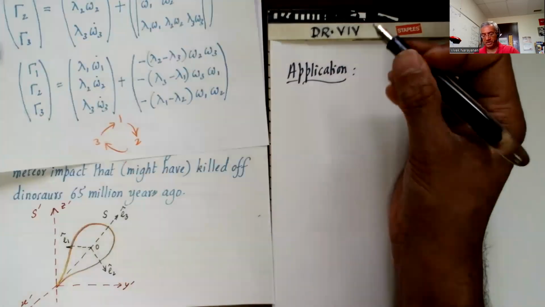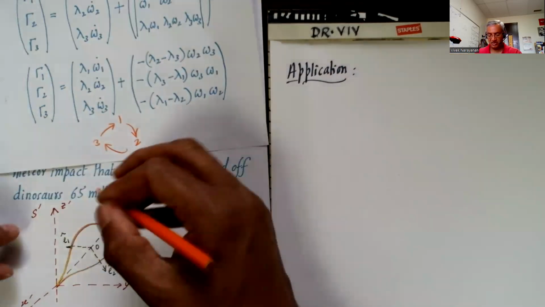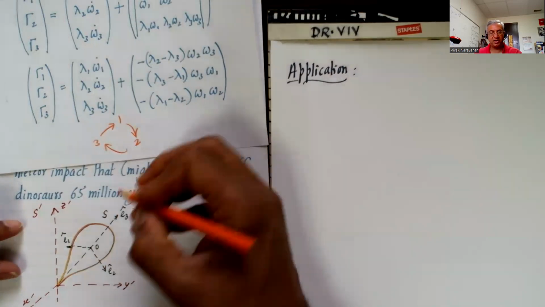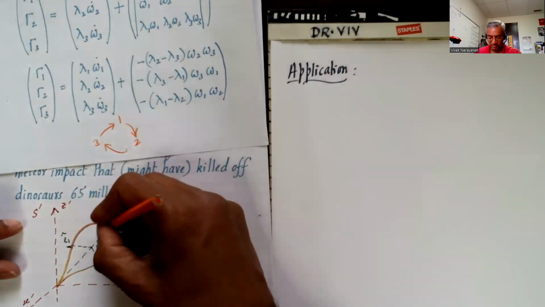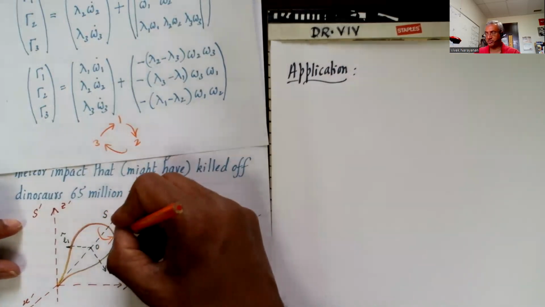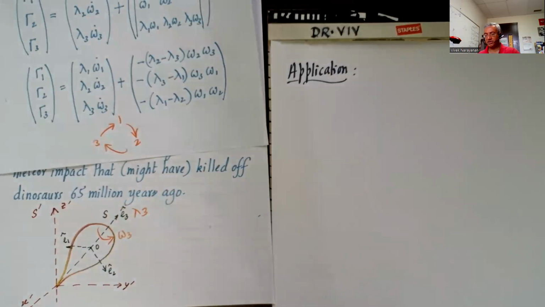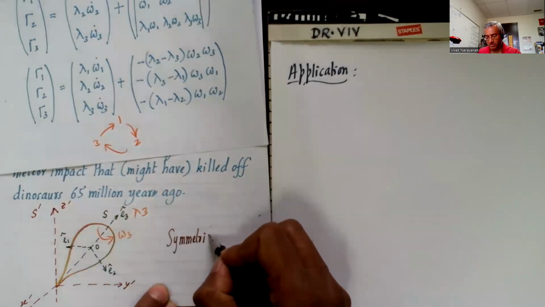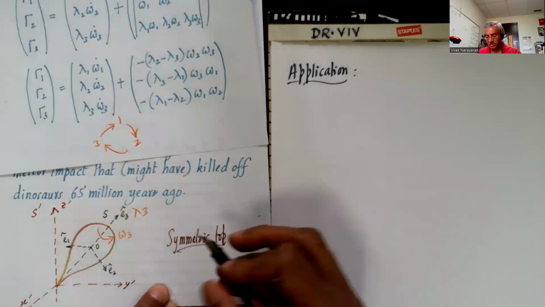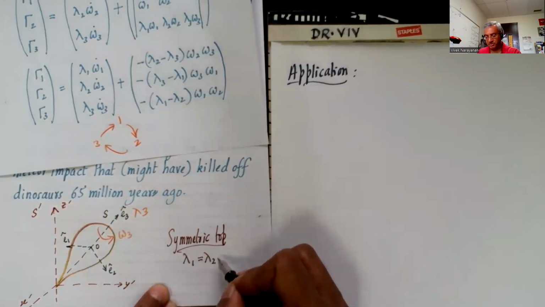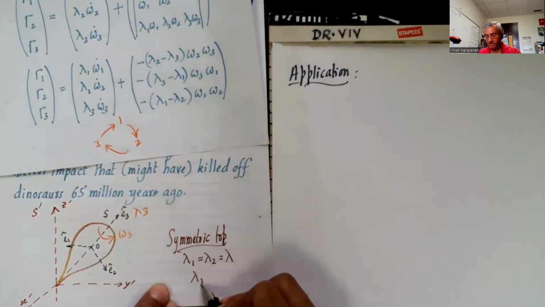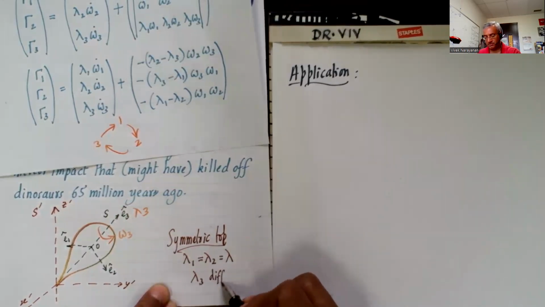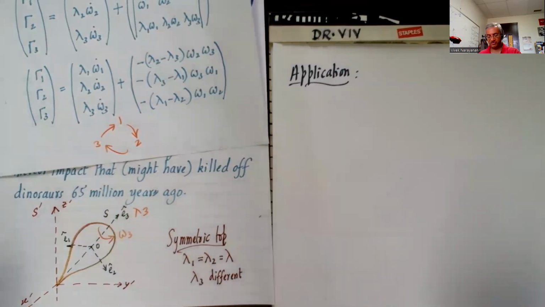That's the figure. Now there's a lambda 3 associated to the axis E3, and this is rotating about the E3 axis with some angular velocity omega 3. And the application we have here is a symmetric top, which means lambda 1 is equal to lambda 2 equals lambda, and lambda 3 is different. So we'll keep lambda 3 as lambda 3.